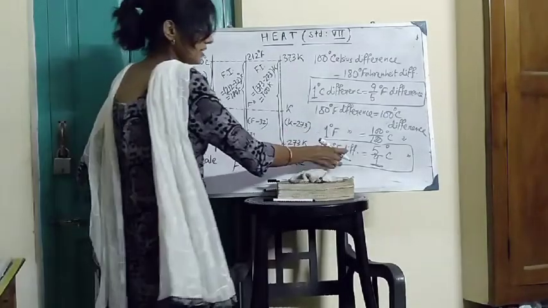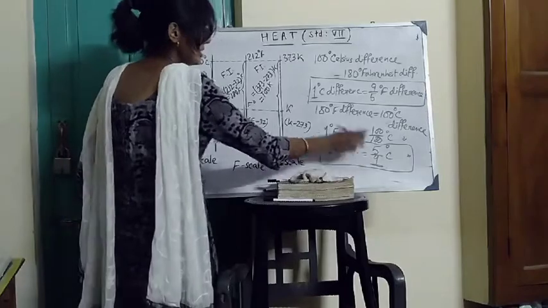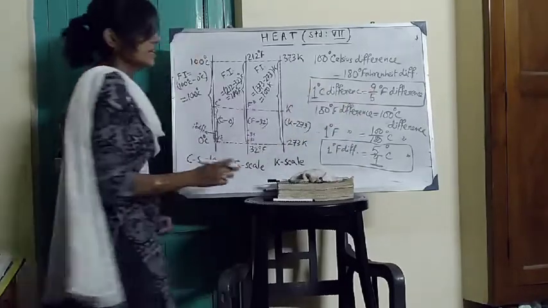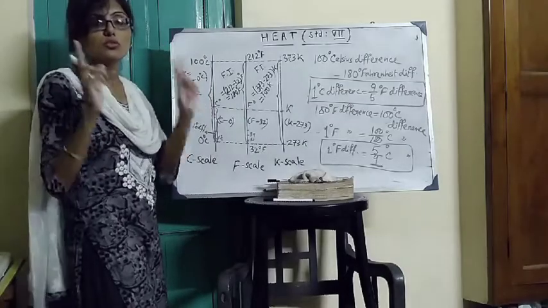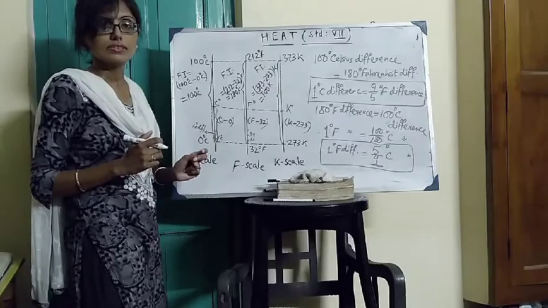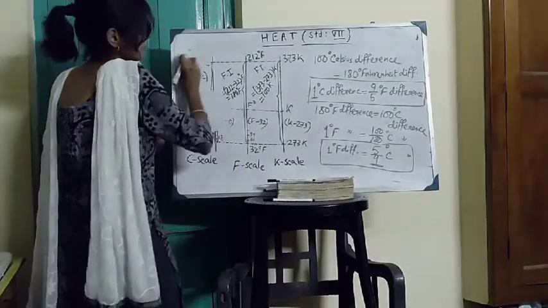Understood? This is the relation between the difference in Fahrenheit scale and Celsius scale, and between the difference in Celsius scale and Fahrenheit scale. This is not the relation between two particular temperatures in two different temperature scales. Understood? So let us discuss some numericals.